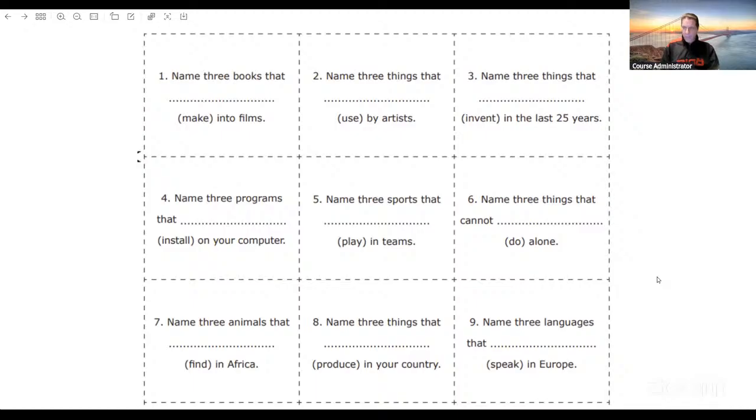Okay, and we'll do one more example, and then we'll get into our second activity. And let's do number 9. Name 3 languages that are spoken in Europe. Okay, so English is spoken in Europe. German is another language. German is spoken in Europe as well as French.